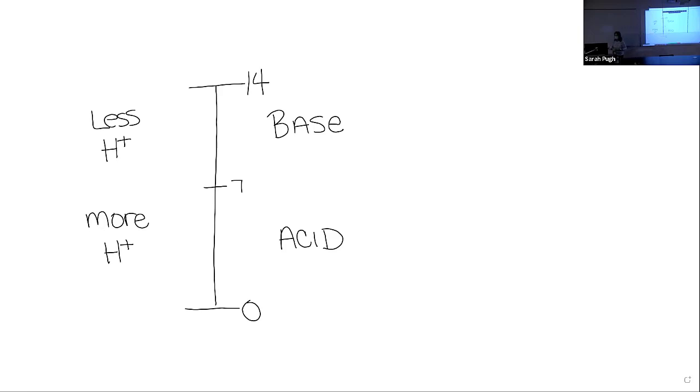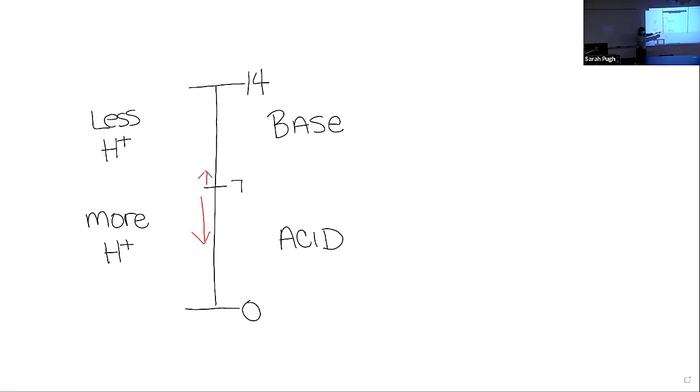So let's say, for example, that your blood pH starts to rise. It starts to go up. As it goes up, you have less hydrogens. So a buffer would act like a sponge and squeeze the hydrogens out, add more hydrogens into solution to bring you back down where you should be at neutral. If your pH starts to drop and become more acidic, that means you have too many hydrogens.